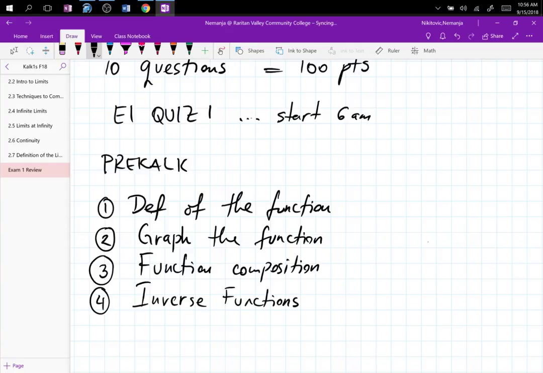Now, these concepts are all in the first chapter of the pre-calculus textbook, which is available free of charge in the library or a tutoring center. It's called Pre-Calculus by Blitzer, and it has a chili pepper on the cover.